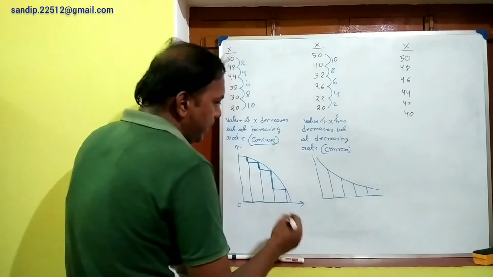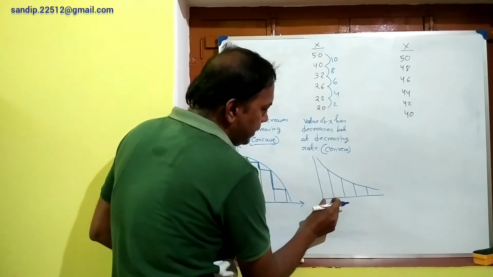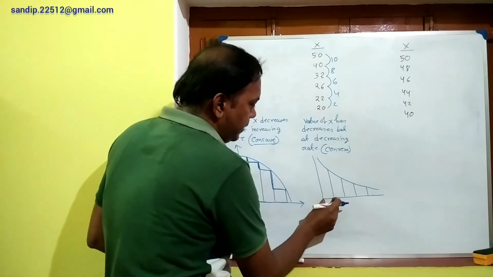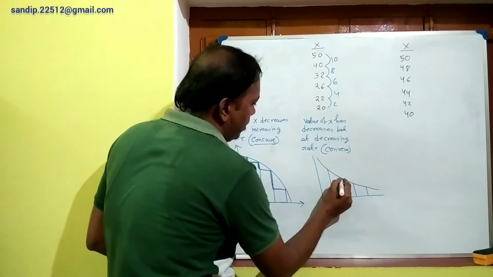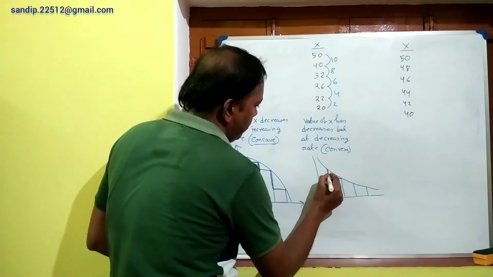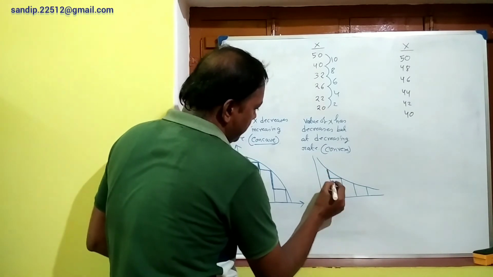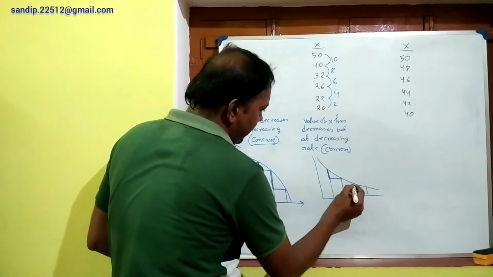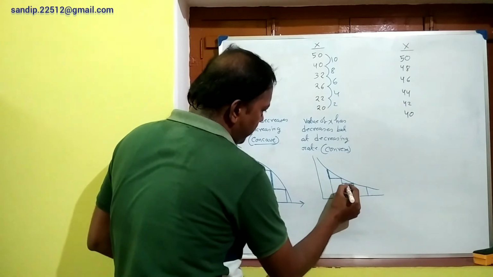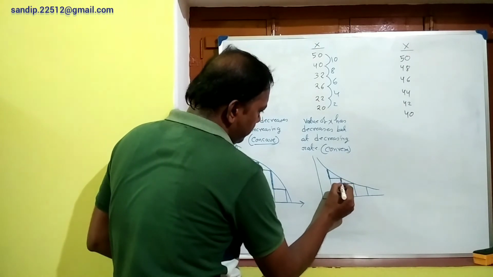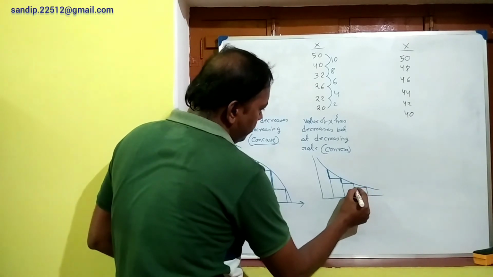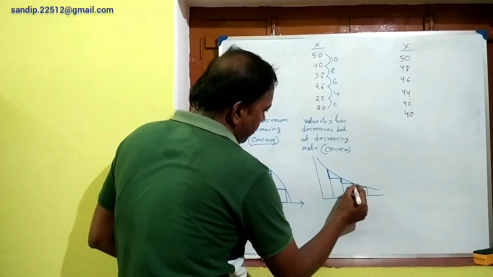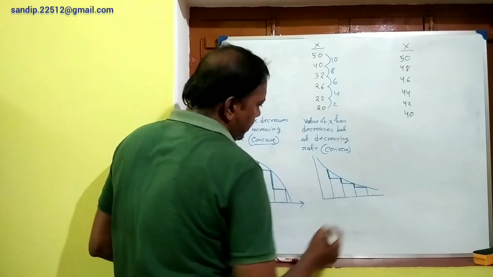then what you can find, see now, for every 1 unit increase in production of good x, the amount of production of good y was sacrificed by this much. Then for again 1 unit extra production of good x, the amount of sacrifice of good y is this much. Then again for 1 unit extra production of good x, the amount of sacrifice of good y is this much.